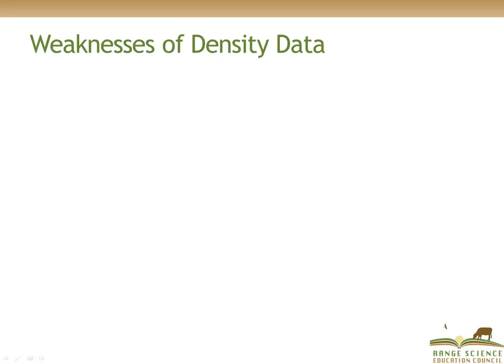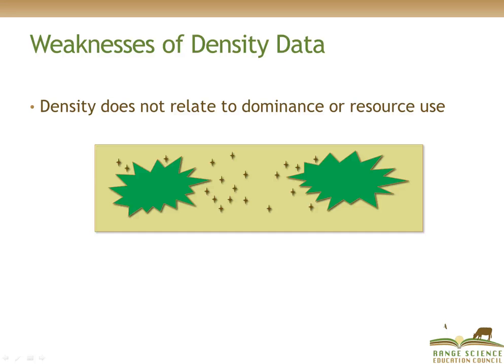Now, one of the primary weaknesses of density data is that density does not relate to dominance or importance. And so it doesn't do a good job of reflecting resource use. If we look at this schematic of a plot in an area, we can see that there are 2 green individuals represented here, and there's also 20 of the smaller red individuals.